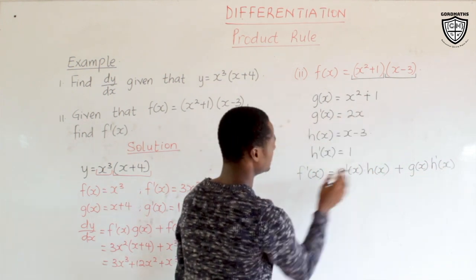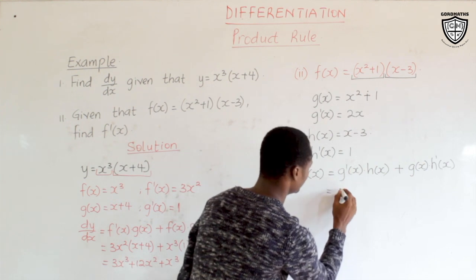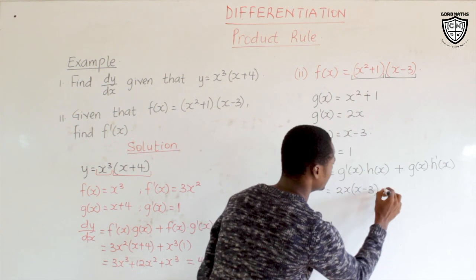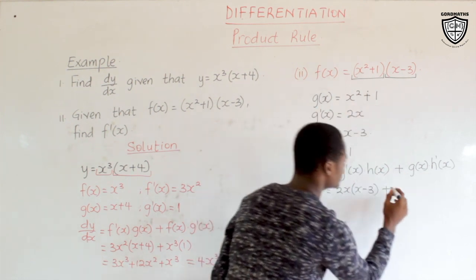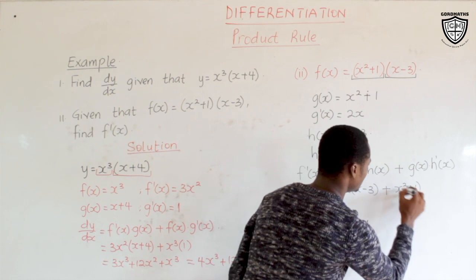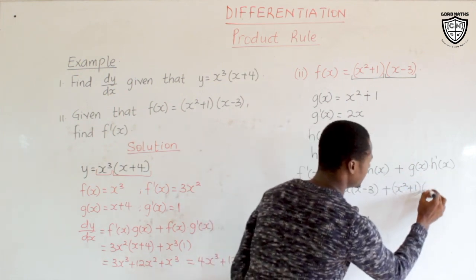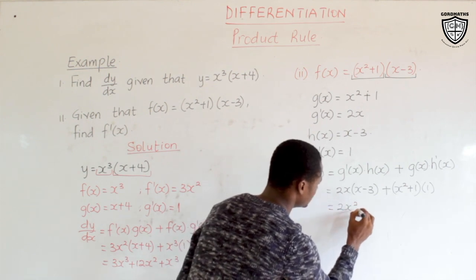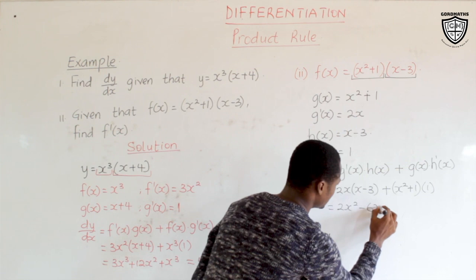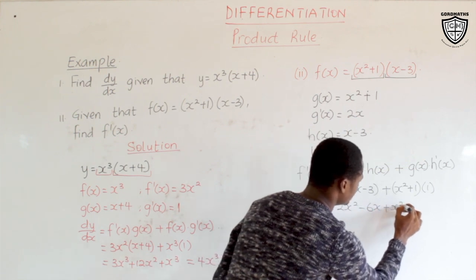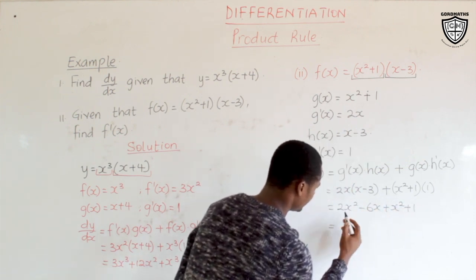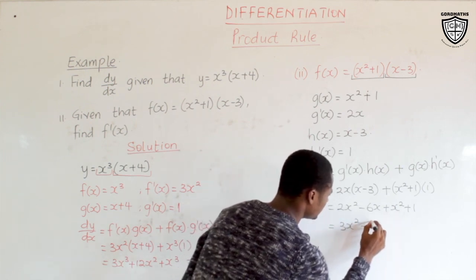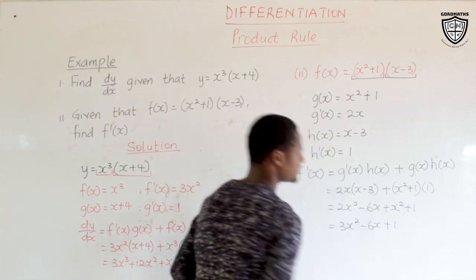So we put these in. g prime of x is 2x, then h of x is x minus 3, plus g of x is x squared plus 1, and then h prime of x is 1. So simplifying this, we have 2x squared minus 6x plus x squared plus 1. So we will finally have 2x squared plus x squared gives 3x squared minus 6x plus 1.